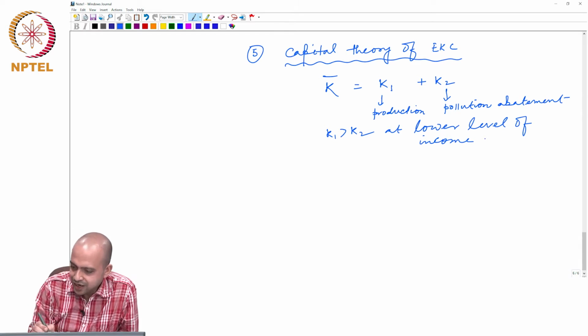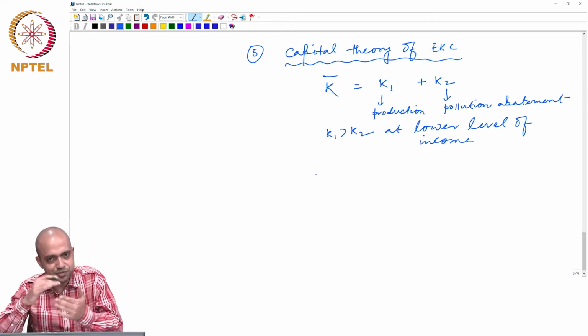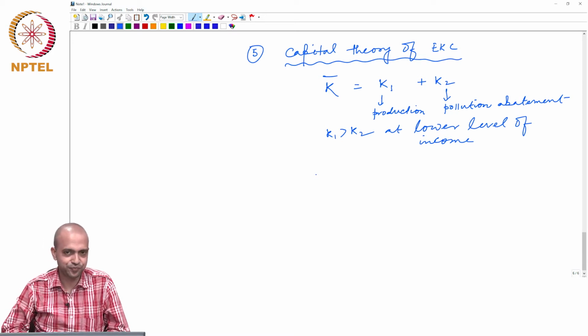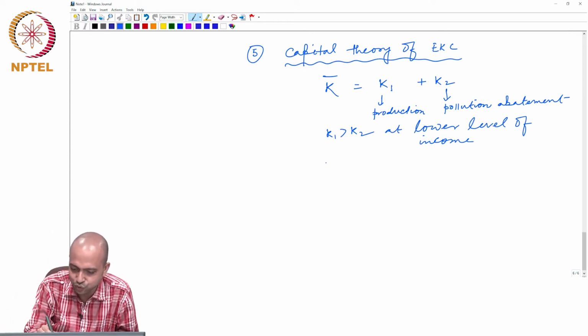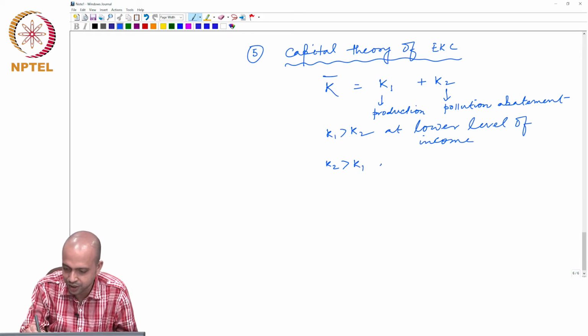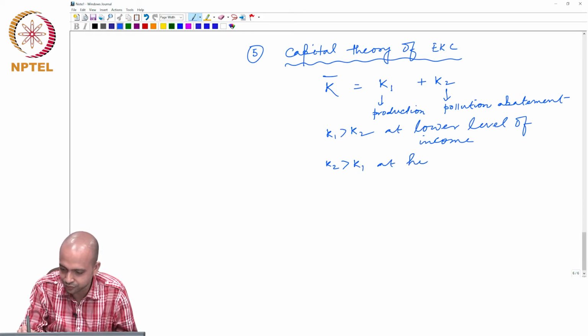And at higher level of income, when the economy achieves certain per capita level of income, when the people demand for more environment friendly products, when people care more for the environment, then K2 actually becomes greater than K1.